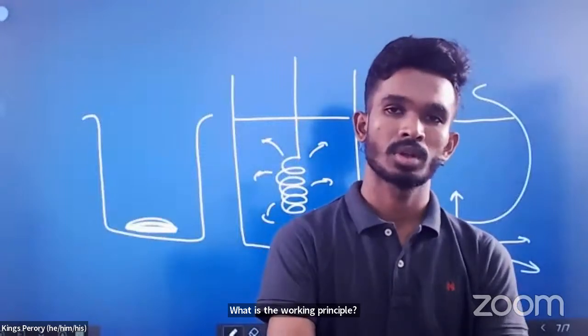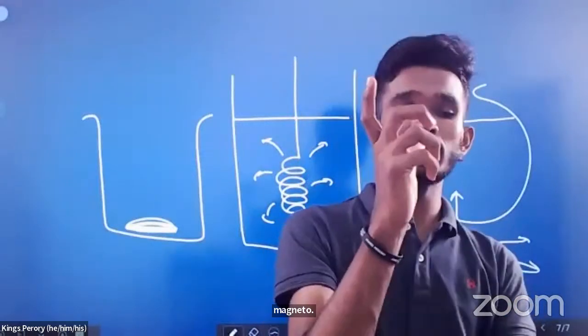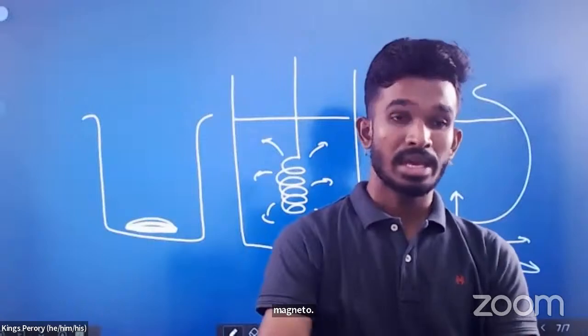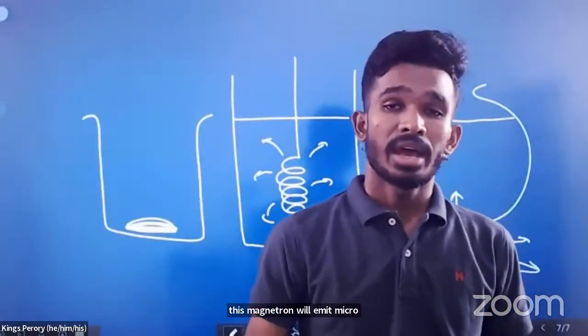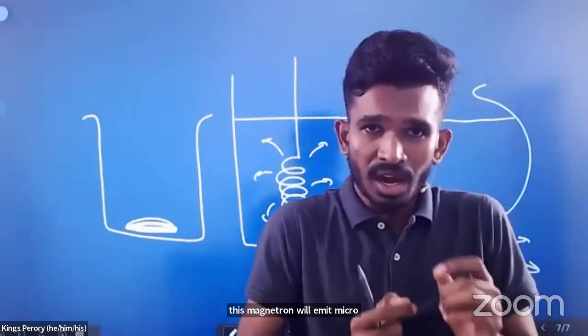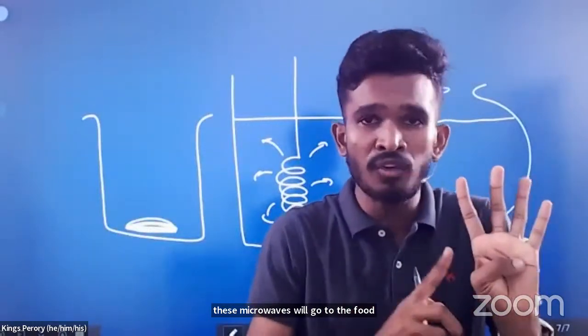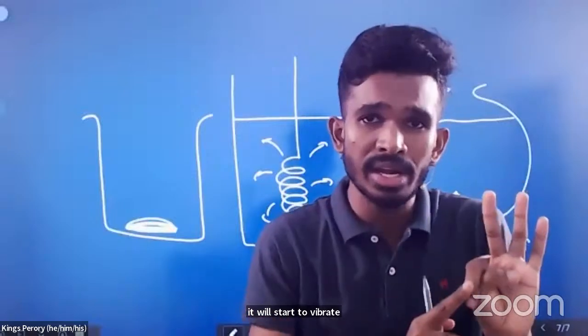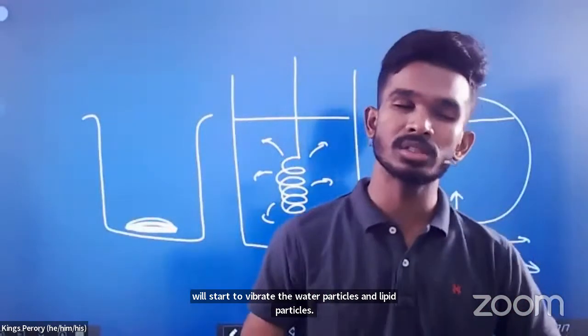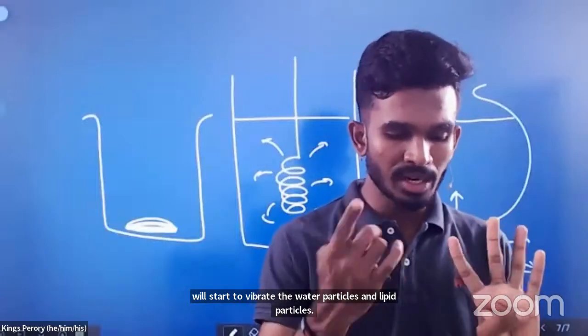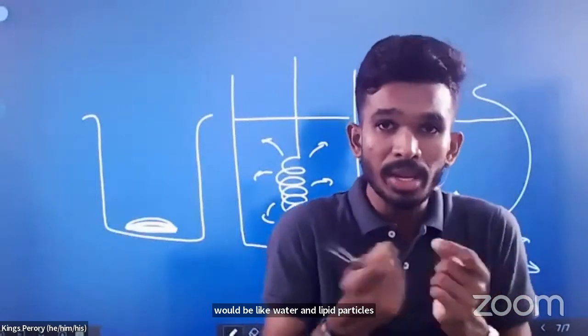This magnetron will emit microwaves. These microwaves go to the food and start to vibrate the water particles and lipid particles. Food will have water and lipid particles, so they begin to vibrate.